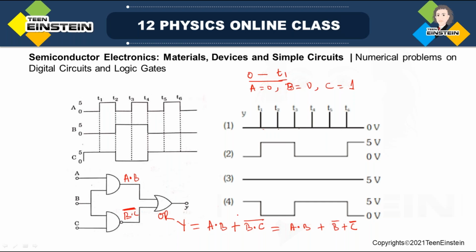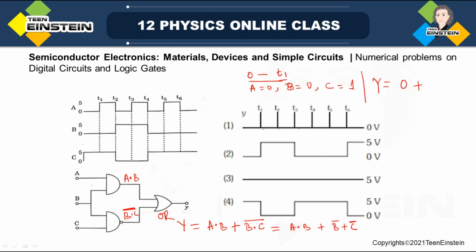Now if I put the input values over here, what will we get for the output Y? A and B are both 0, so this part will be 0, or this is B bar or C bar.